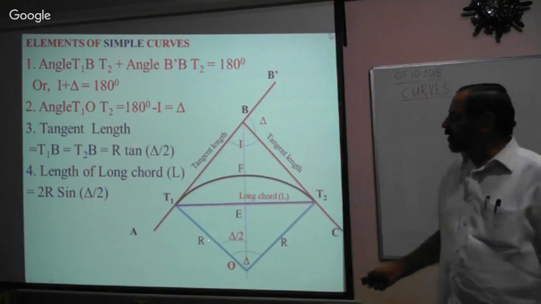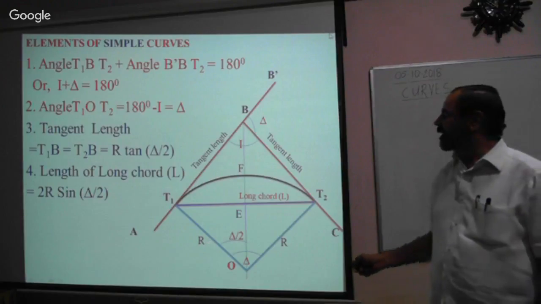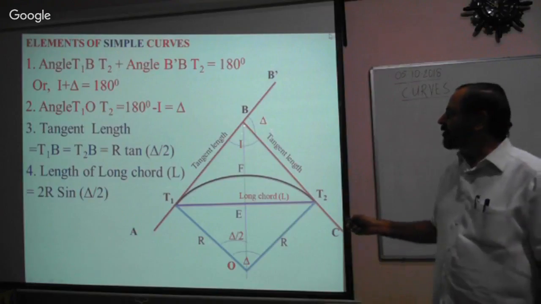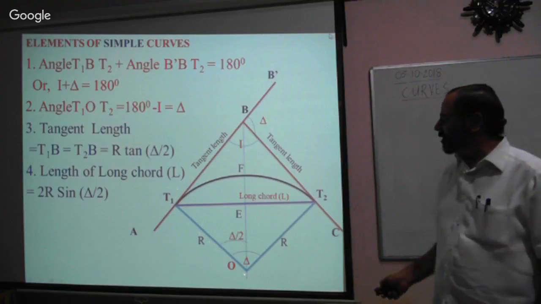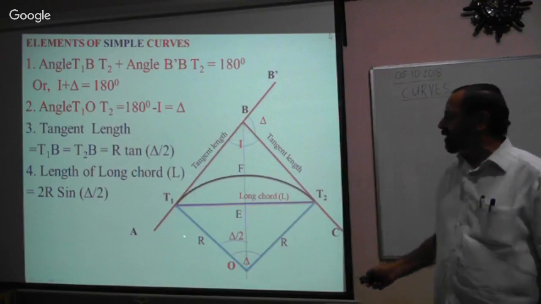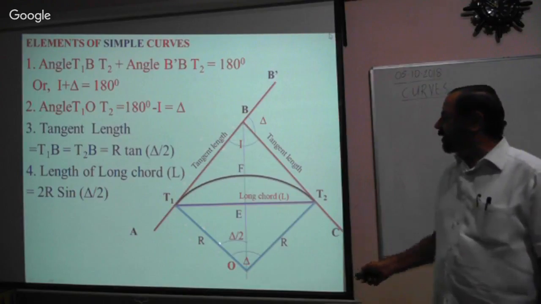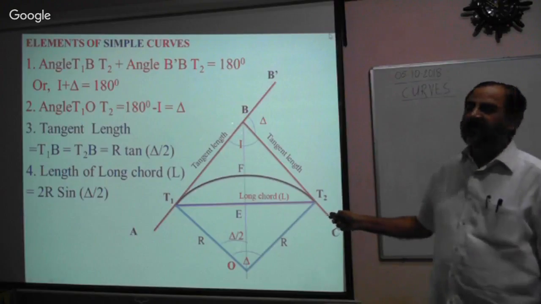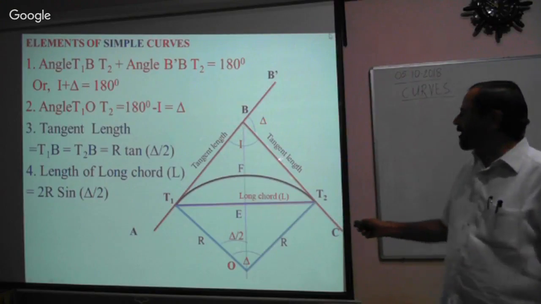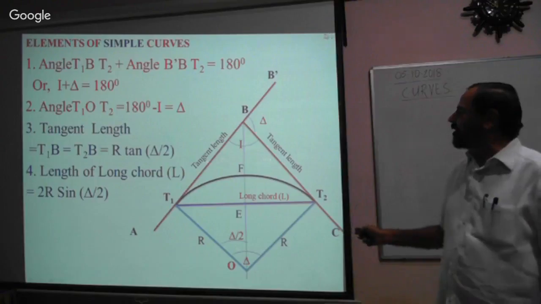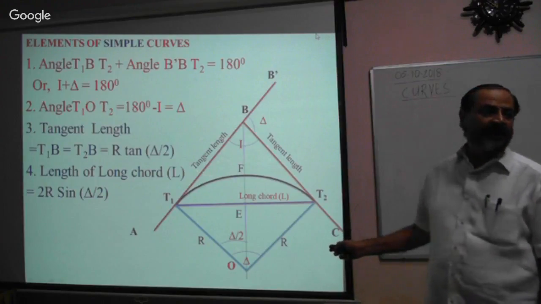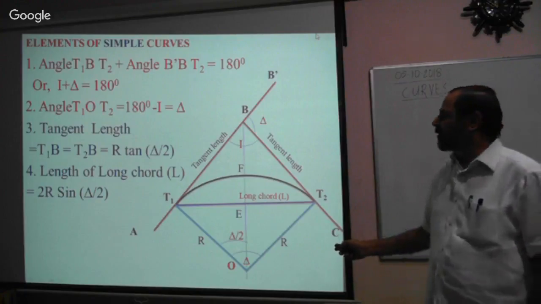So, which curve is to be employed and what is the deflection angle, once we know this, definitely we can resolve this triangle BT1O and calculate the tangent length, isn't it? Similarly, this is the forward tangent and this is the rear tangent. We can solve this.